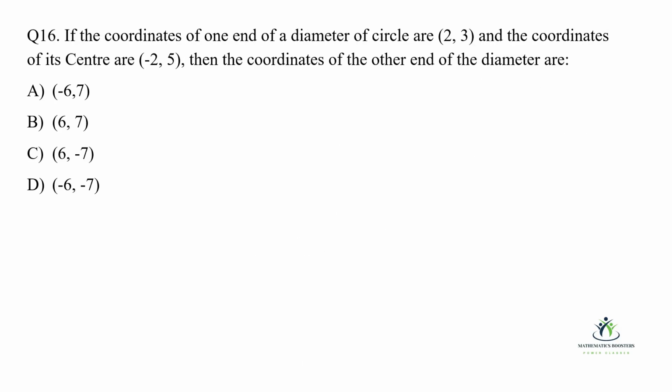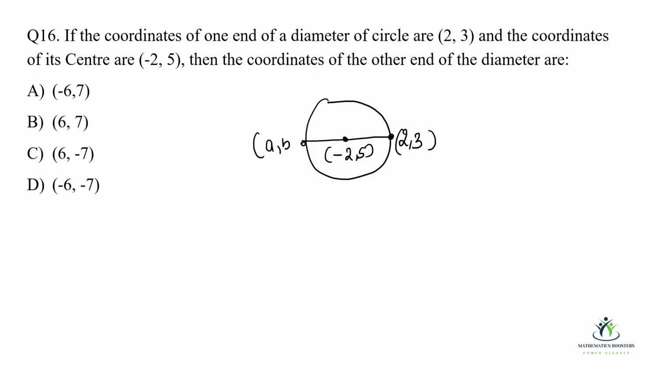Next, if the coordinates of one end of the diameter of a circle is (2, 3) and the center is (-2, 5), find the other end. Let the other end be (A, B). Now center is the midpoint of the diameter. So midpoint formula says (x1 plus x2) upon 2, (y1 plus y2) upon 2.